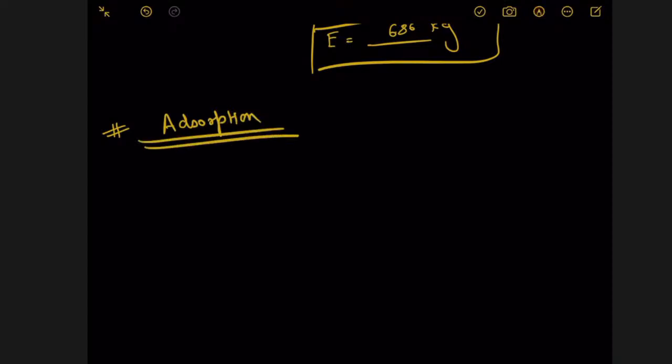Because we have seen first absorption, where liquid and gas mass transfer is taking place, but here solid-liquid mass transfer is taking place.